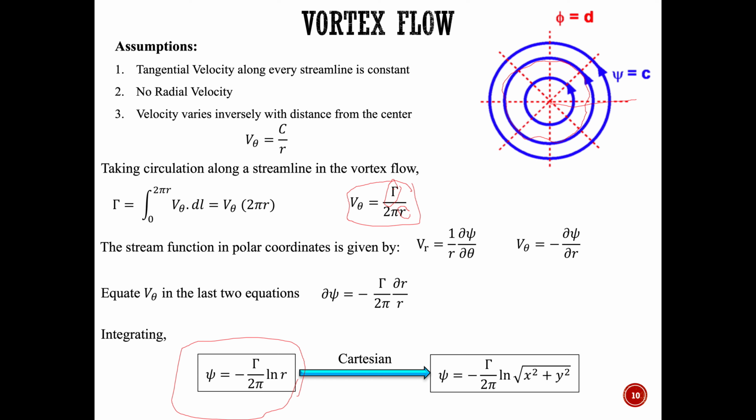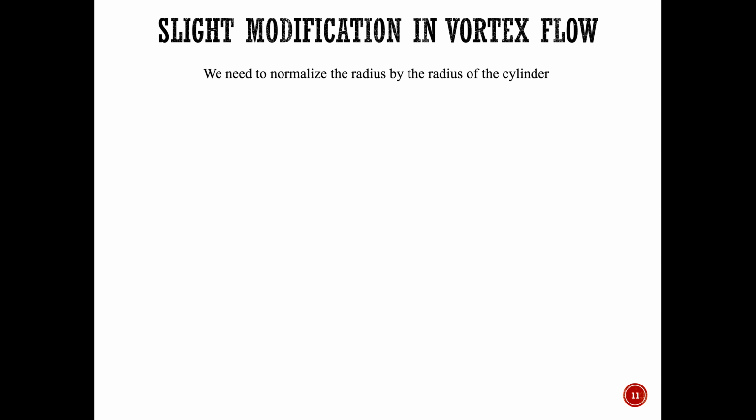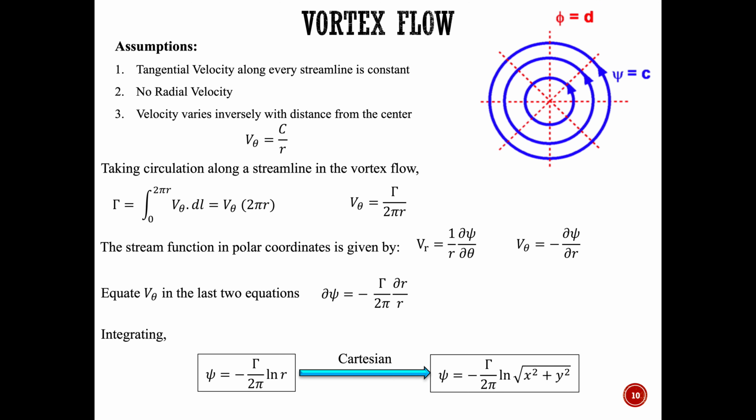But there's a slight change that I wanted to note here on the vortex flow. The radius of the cylinder, in the last elementary flows, when we combined uniform and doublet flow, if you remember, is controlled by the strength of the doublet, which is kappa.